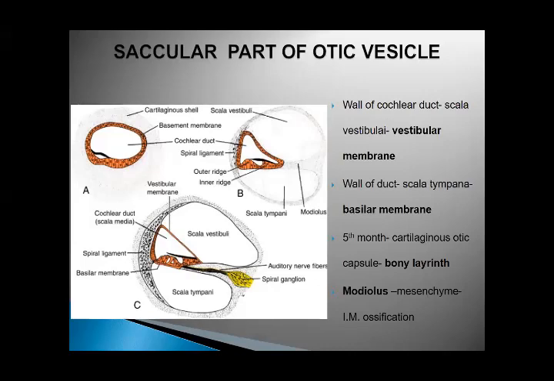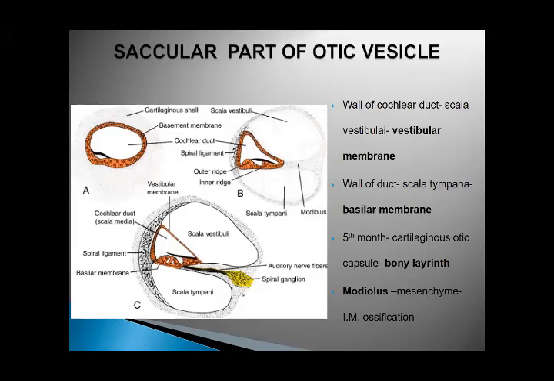अब I told you this entire structure is covered by mesenchyme that develops into a cartilaginous model. This cartilaginous model, वो जो पहले otic capsule थी, वो later on जाके 5th month में ये जो otic capsule थी, that develops into a bony labyrinth. अभी तक हमने जो बात की है ये सारी, this is membranous labyrinth, जो कि saccule और utricle से मिलके बनती है.